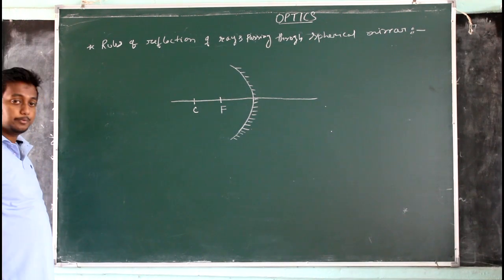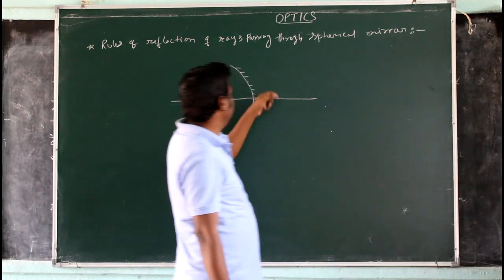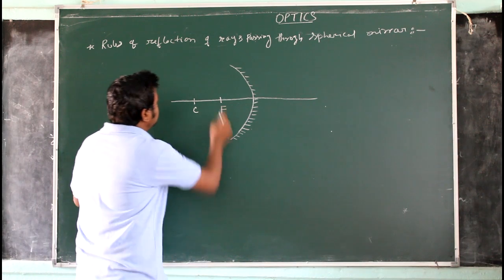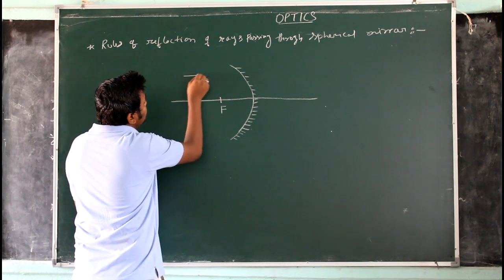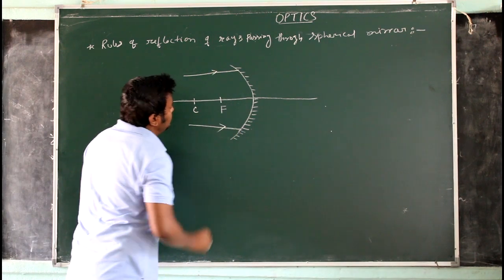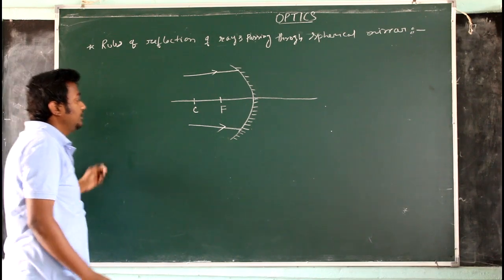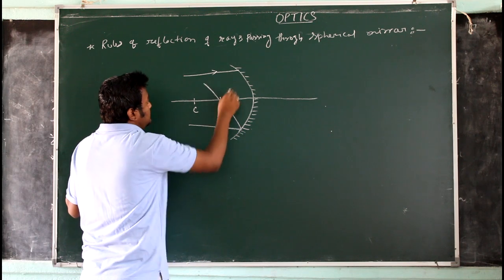I have discussed the different rules followed by the rays passing through the spherical mirror. First I consider the case of the concave mirror. I have already told you that the rays which are parallel to the principal axis, after reflection will pass through the focus.